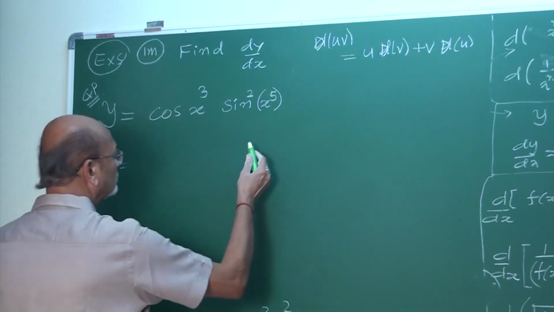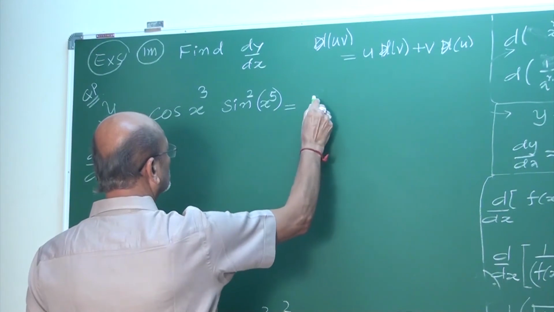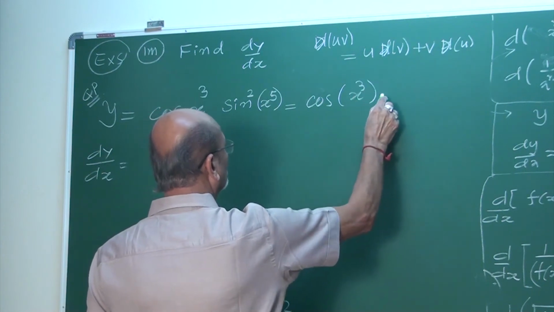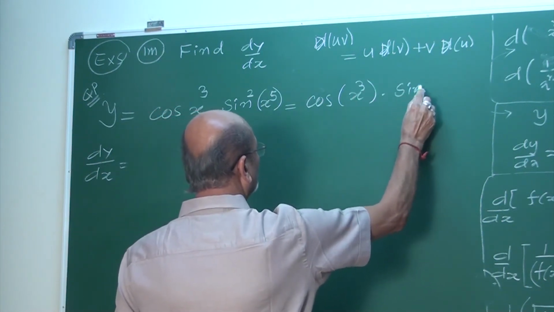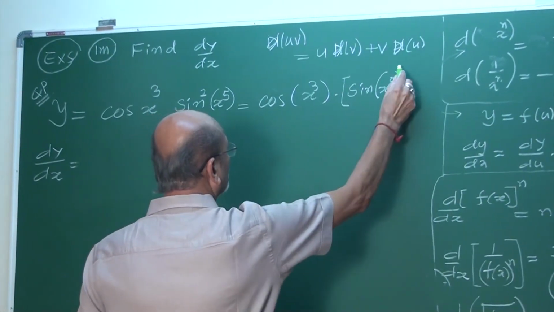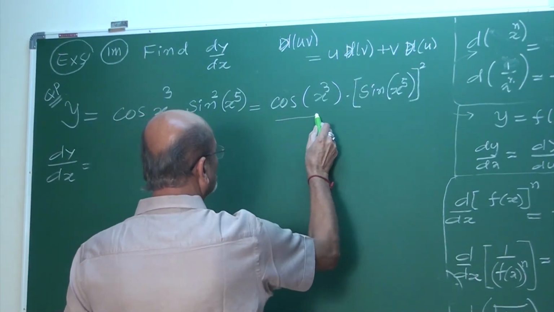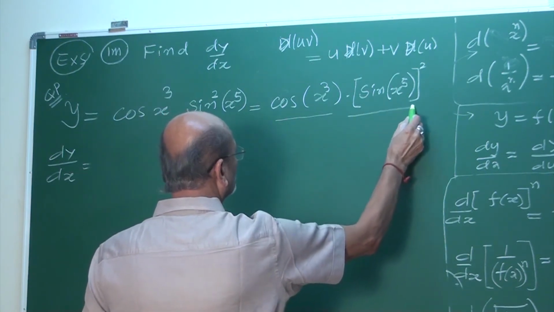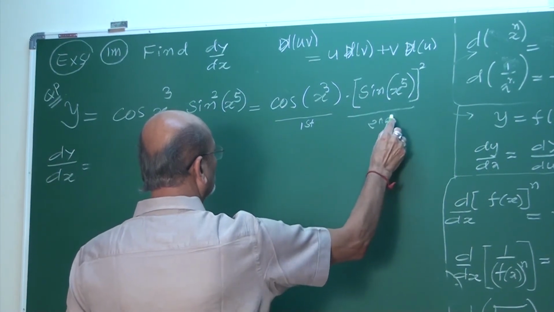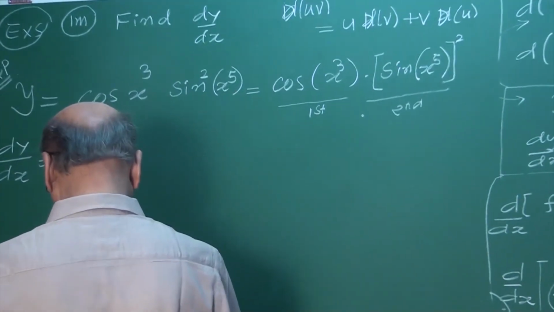If you wanted one more step for this, it is cos x cube, I write inside the bracket, into sin x to the power 5, square of this, my friend. First function into second function. It means it is a product of two functions. Write the derivatives.